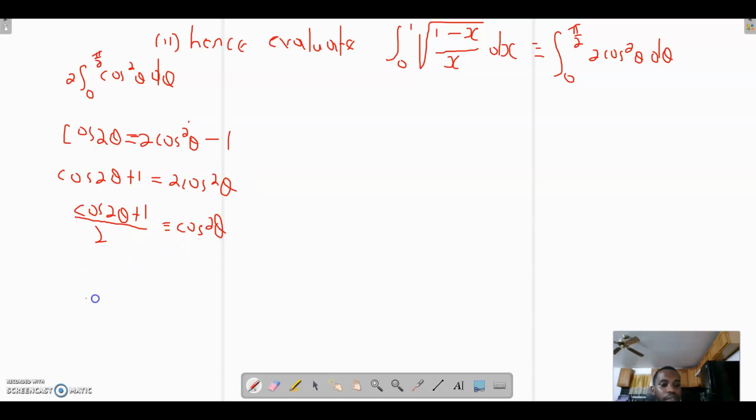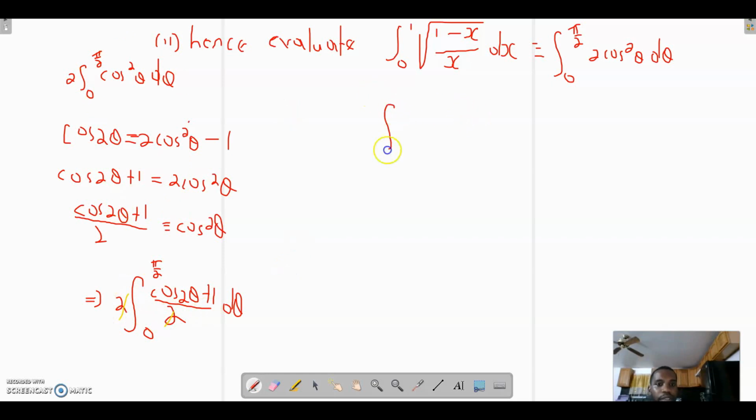Alright? So this becomes the integral, 2 outside, replacing the cos squared theta with cos 2 theta plus 1 over 2 d theta between 0 and pi over 2. But as you can see here, this 2 takes out that 2.